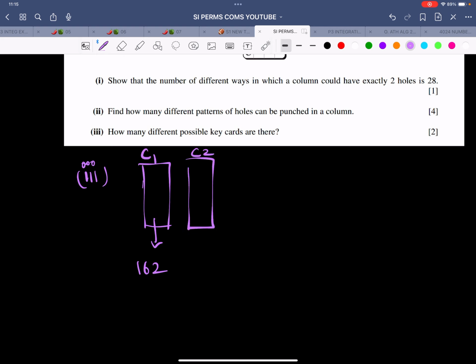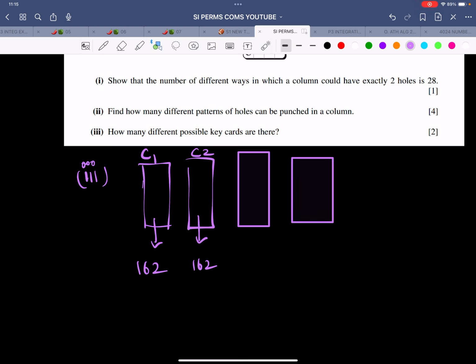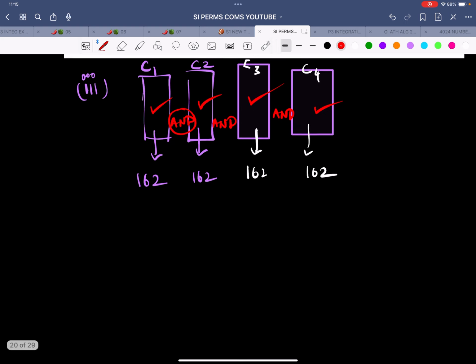Similarly, in column 2 there are 162, and similarly in column 3, and column 4, that's 162 possibilities each. Now focus on the magic word: this is what we require, and this is also what we require, and this is what we require. So this is 162 into 162 into 162 into 162.